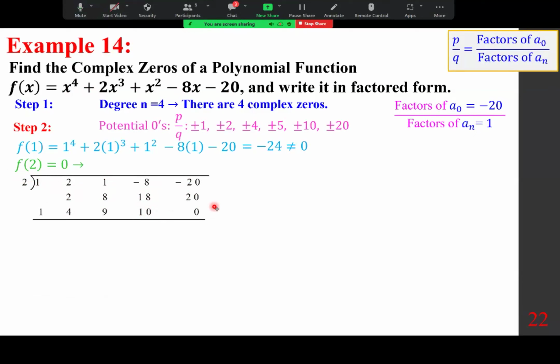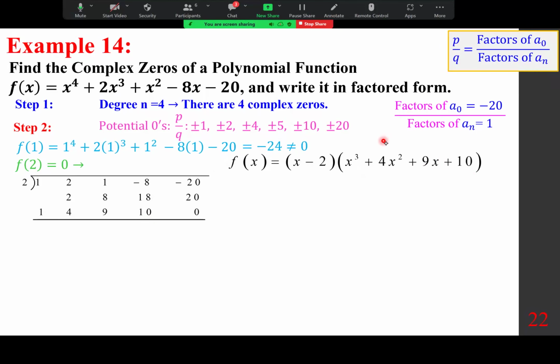And now what you have as a result is x minus 2 times x cubed plus 4x squared plus 9x plus 10. That's what you have. Now this, you have to work on again. It so happened, again, there are so many of these numbers.